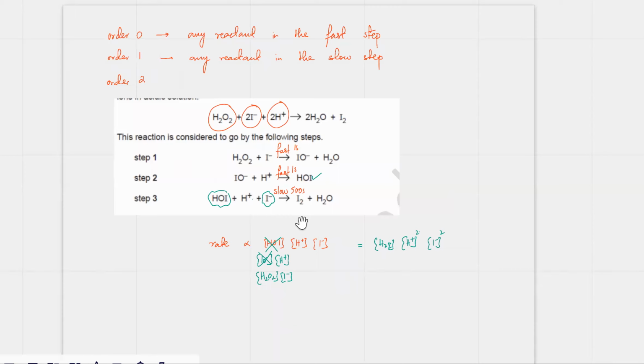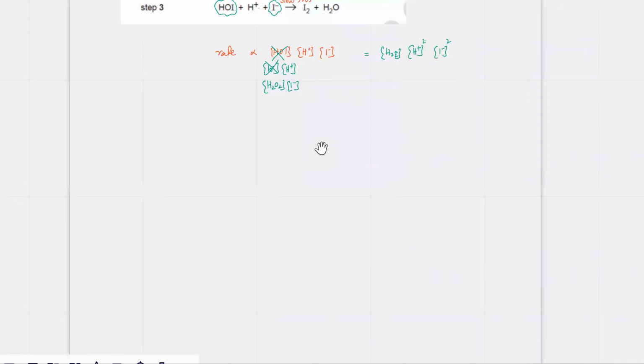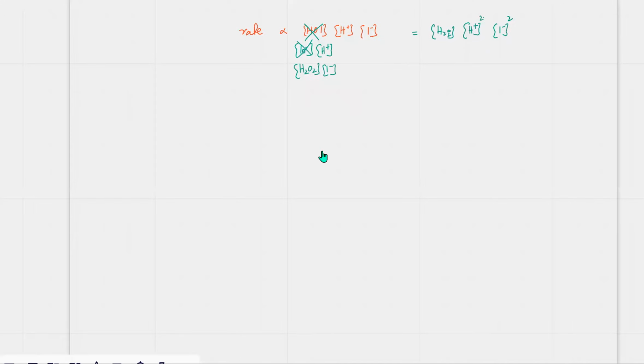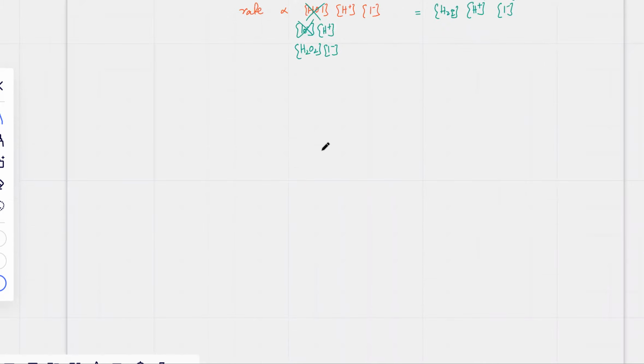So for example, I'm going to give you some other example now. Let's say you have this reaction. I'm just going to make a mechanism myself. Okay, let's talk about a random mechanism. So this is just an example of order 2.